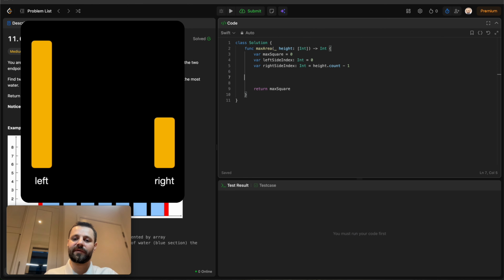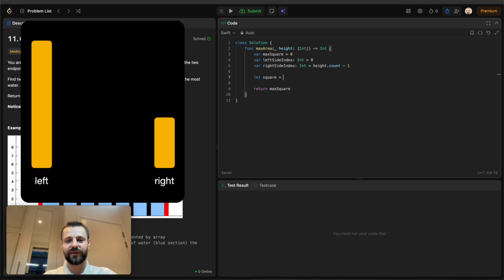And whenever we would look for the maximum square, we could calculate the square of our water rectangle represented by these sides by multiplying the width of the container by the water level inside this container.